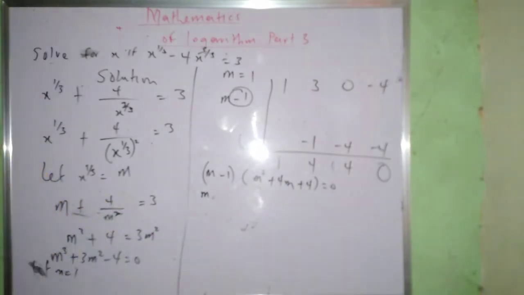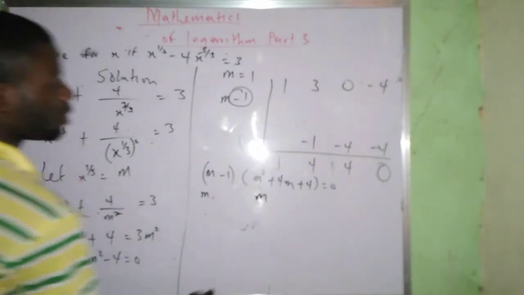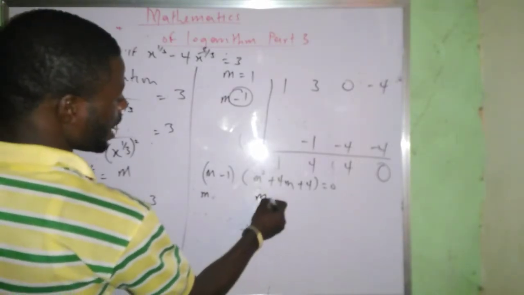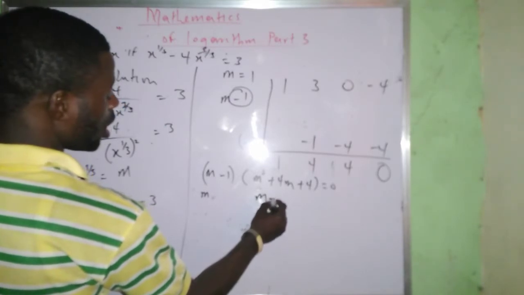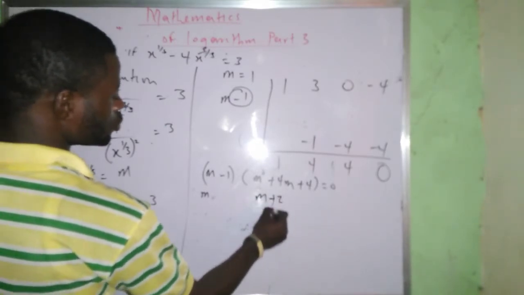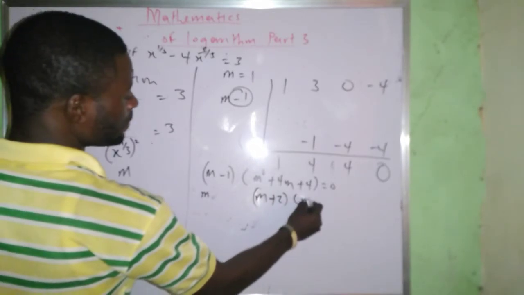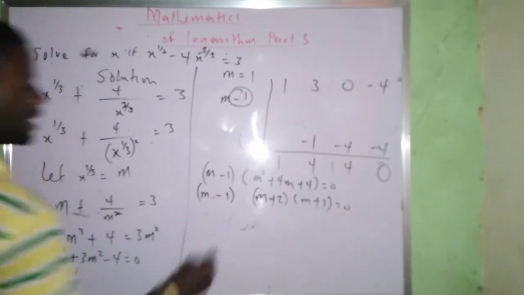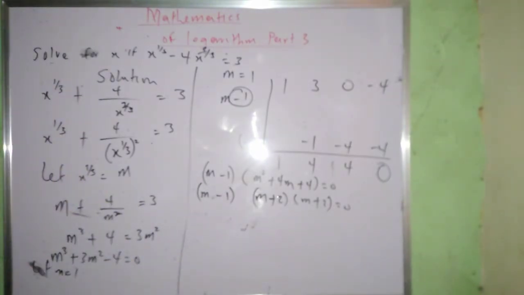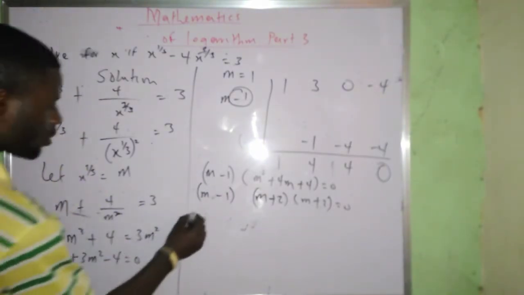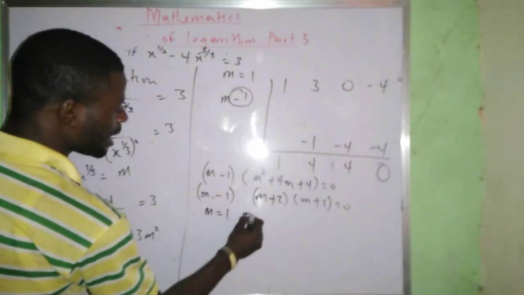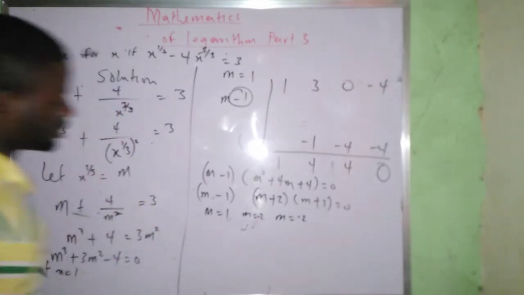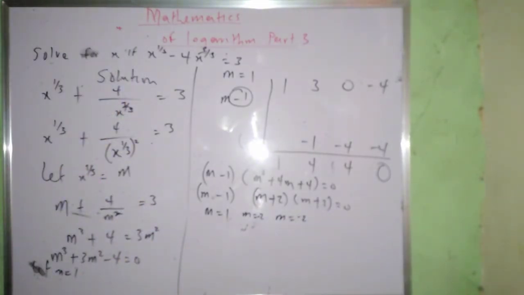I want to factorize this: m plus 2, m plus 2, and m minus 1. Now, these are the factors of this equation. I can say m equals 1, m equals minus 2, m equals minus 2, which is a twice repeated root.